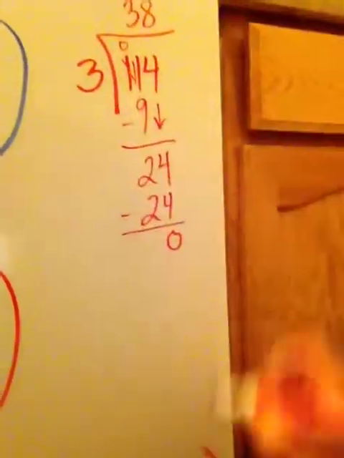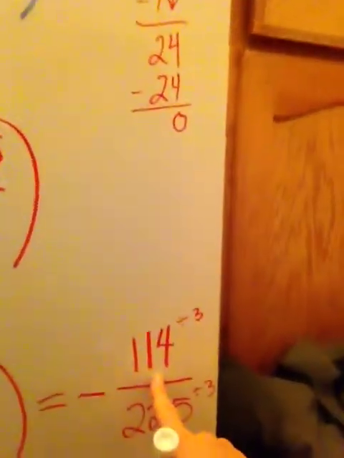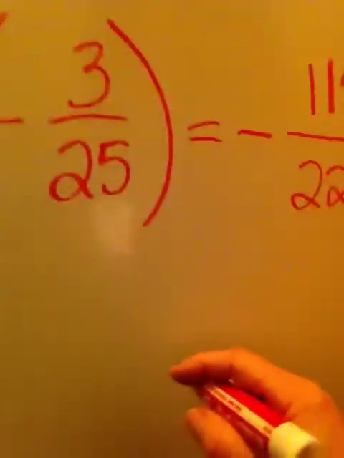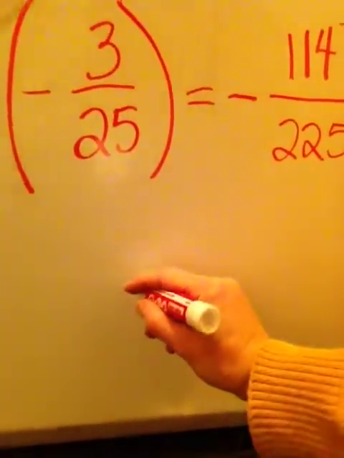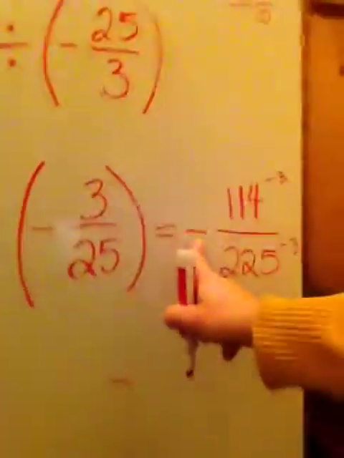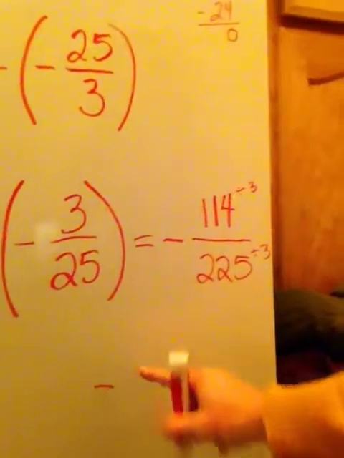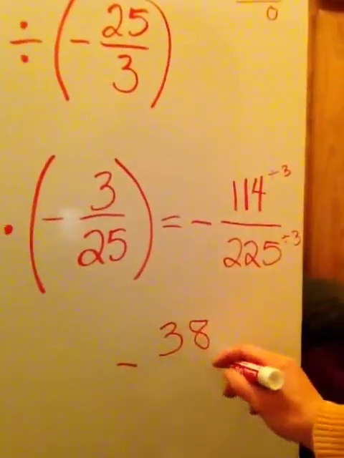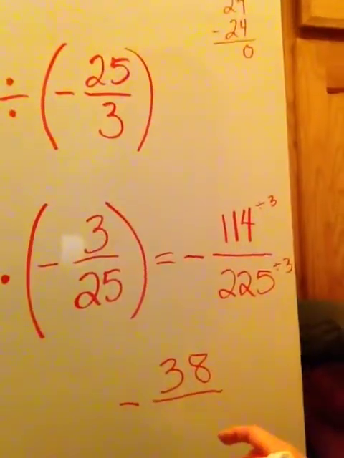So I get 38. So 114 divided by 3 is 38. I'm going to write that down below. My answer was a negative, if you remember, and I got 38 for my numerator when I divided the 3 into it.